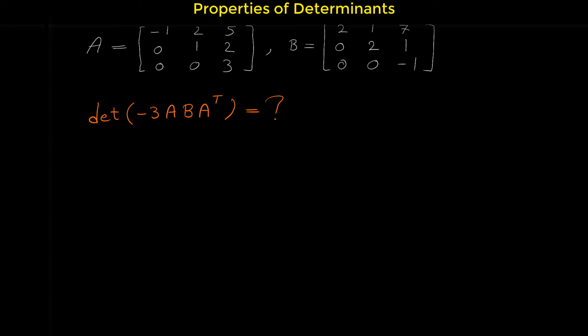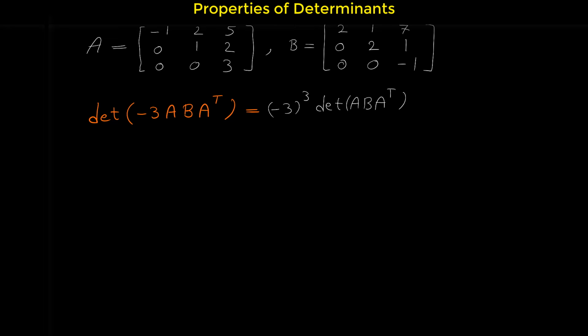From the above property, we learned that we can bring this out from the determinant. Because these two matrices are 3 by 3, when we bring negative 3 out from the determinant, we have to raise it to the power of 3. So, the first thing that we do here, we write this as negative 3 to the power of 3, determinant of A B A transpose.